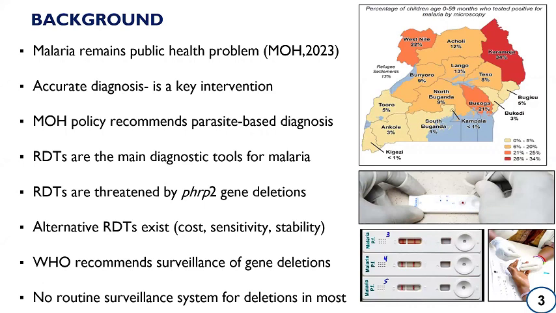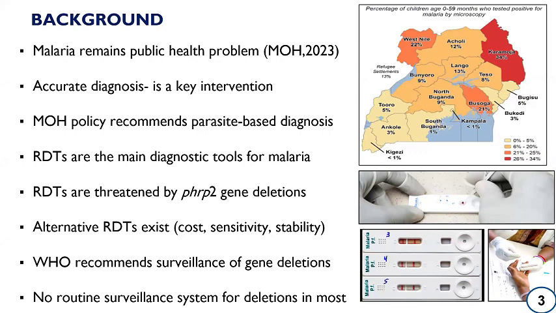The WHO now recommends that every case must be diagnosed and confirmed in the lab before treatment is administered. RDTs are now the main diagnostic tools for malaria diagnosis in sub-Saharan Africa. Actually, in Uganda, about 80% of total malaria testing is done by RDTs.